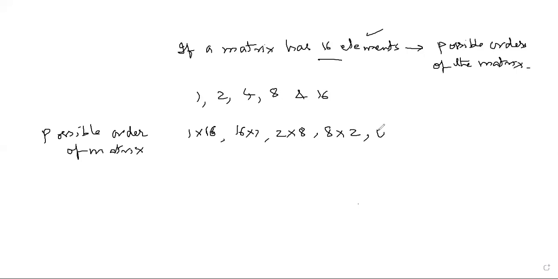Like this, 4 4s are 16, 4 by 4. So like this, we can write the possible orders. If you are given 16 elements, how many types of arrangements can you make for matrices? You can make 16 by 1, 1 by 16, 2 by 8 like this. This is also there in your textbook. This is the simple question where we have to find the possible orders.